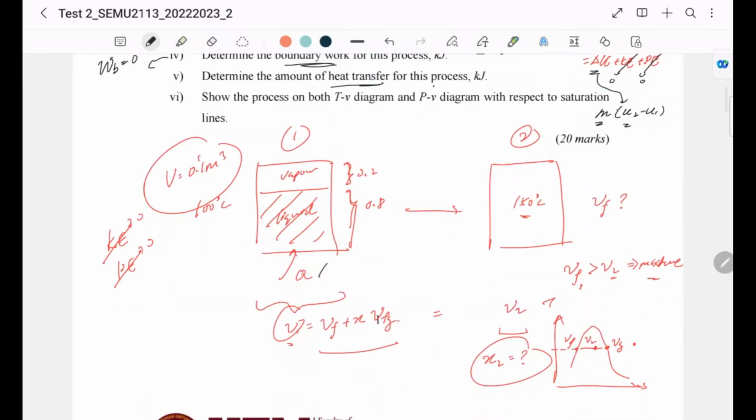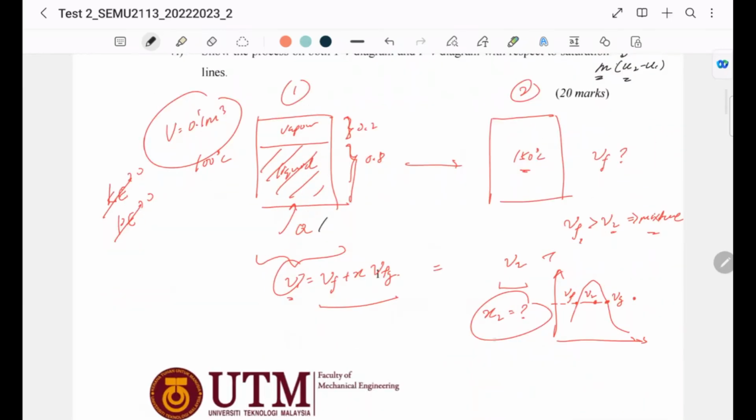u2, we can find out. It's not a problem. Once we have this, u2 is basically uf2 plus x2 ufg2. u1 is also uf1, of course, plus x1 ufg1.